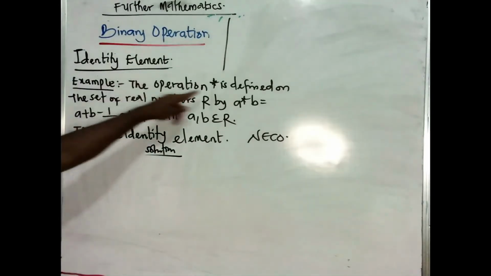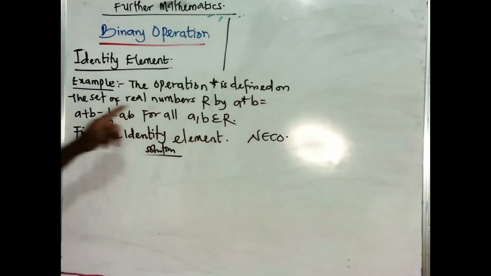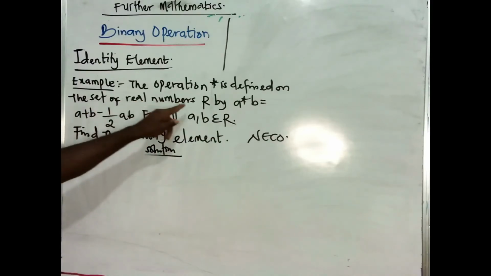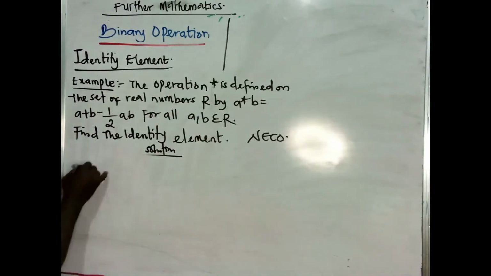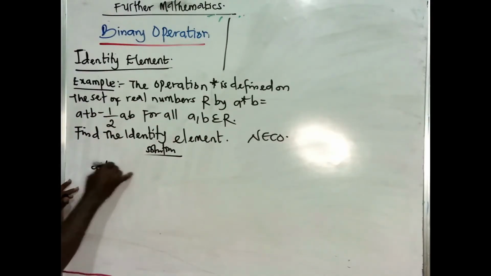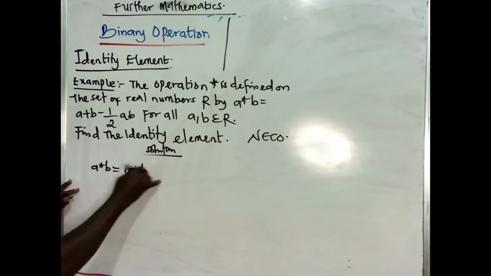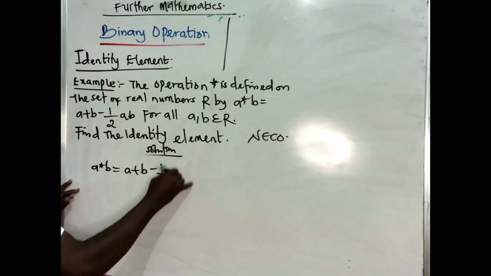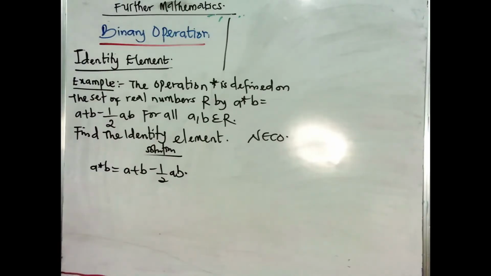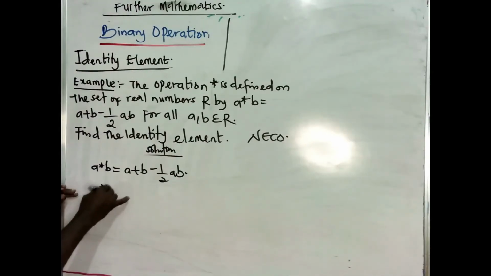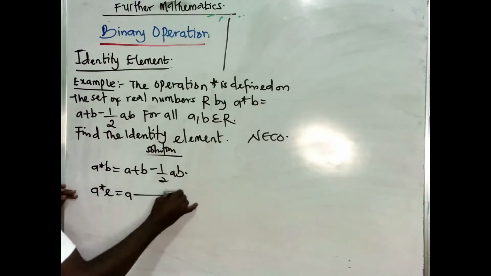When you say that the operation asterisk is defined on the set of real numbers, A asterisk B is equal to A plus B minus 1 over 2AB for all A, B in R. Find the identity. Now, identity, don't forget, A operation E is equal to A, which is my identity.